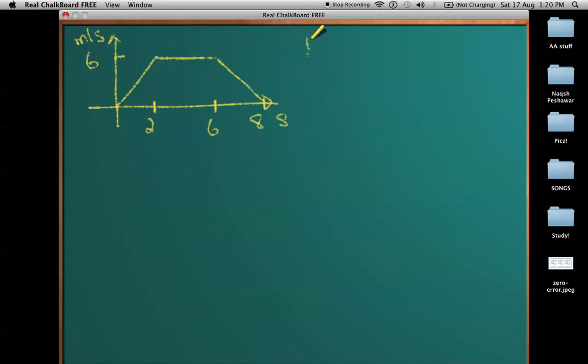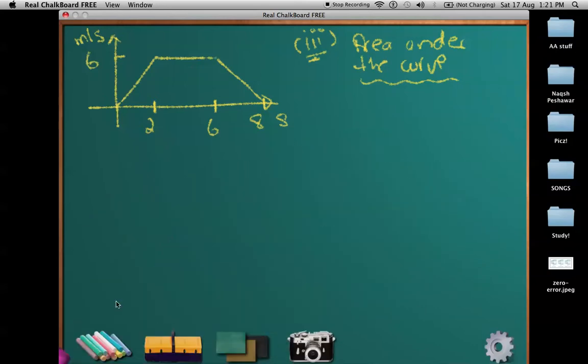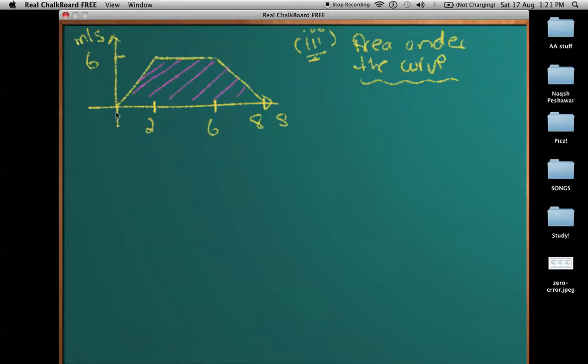Now, the third thing, we can also find out the information of the distance from the same graph, which is the area under the curve. Since all the lines have different gradients, we will just see the area, and what we have to find here is this area, taking this as the length and this as the height.